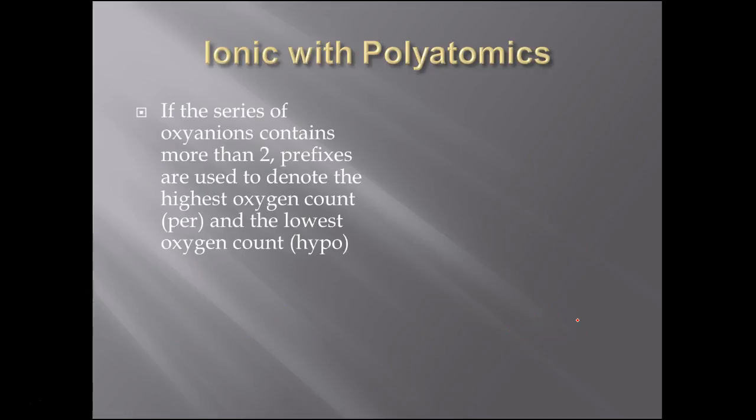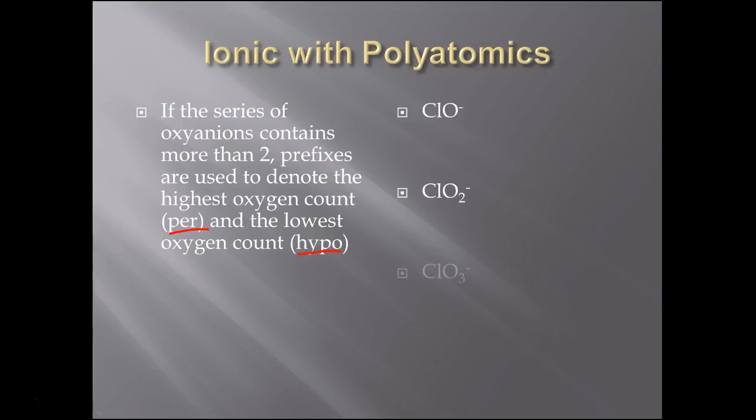There are instances where your series is going to have more than just 2, like we saw SO4 and SO3. Sometimes they have a range of 4 different oxygen possibilities. And in that case, we need to denote the very highest possible oxygen count with the prefix per-, and the very lowest possible oxygen count with the prefix hypo-.